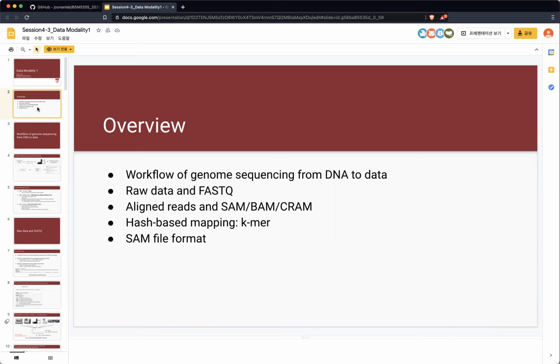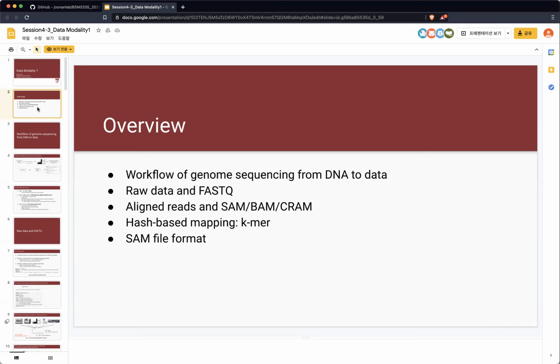So we are covering the first part of this workflow. Once we get the data from the machine, we call it raw data, because it comes from the machine, and we have to process this raw data into a certain format. Then we can do downstream analysis. Then we can find mutations, or estimate expression, or whatever you want, right?